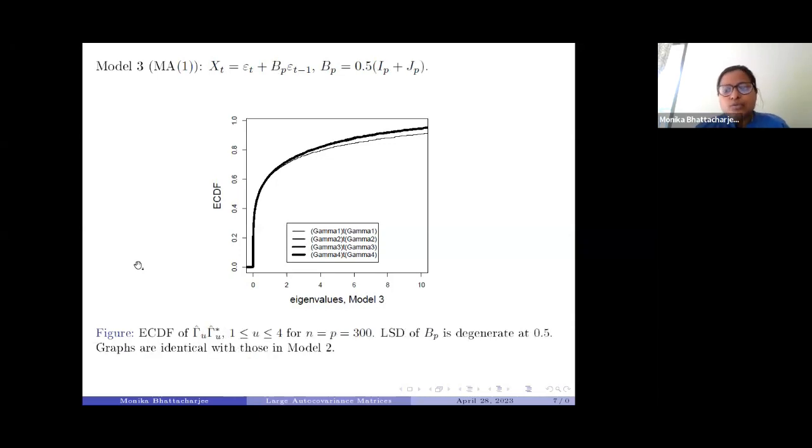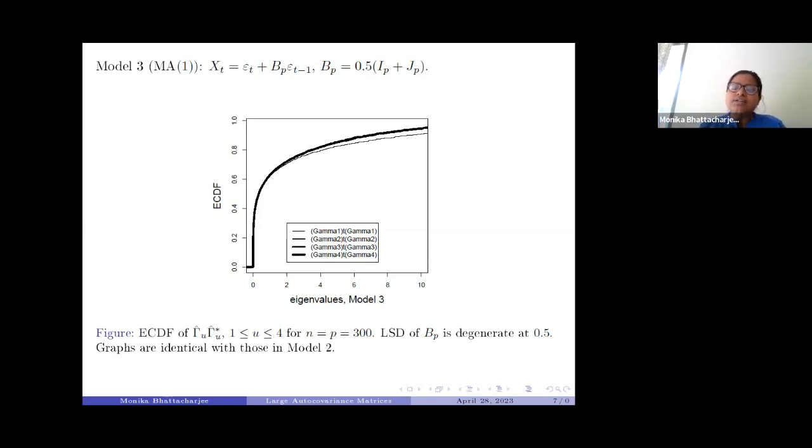Here we consider another moving average process of order 1, but the coefficient matrix is quite different from the previous one. Here the coefficient matrix is B_P equal to 0.5 multiplied by (I_P plus J_P). I_P is the identity matrix of order P, and J_P is a P cross P matrix whose entries are all 1. So B_P is a P cross P matrix whose diagonal entries are all 1 and whose off-diagonal entries are all 0.5. We know that except for one, all the eigenvalues of the matrix B_P are 0.5.